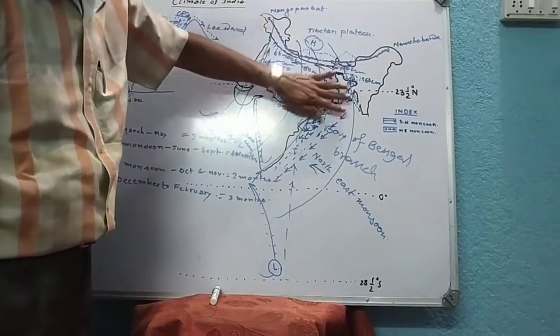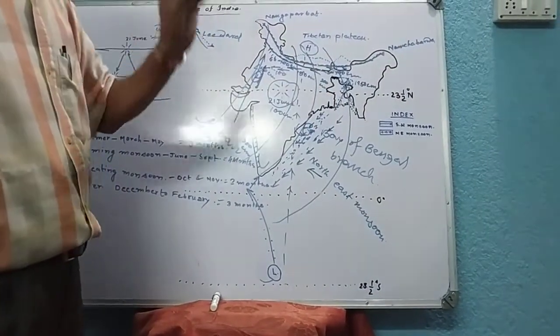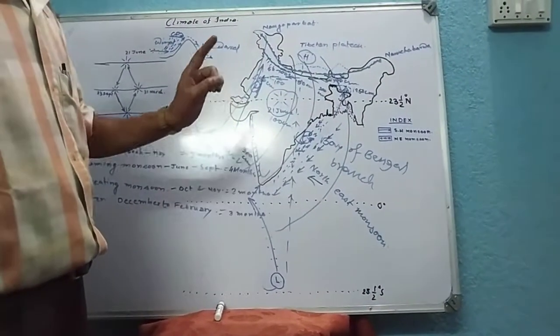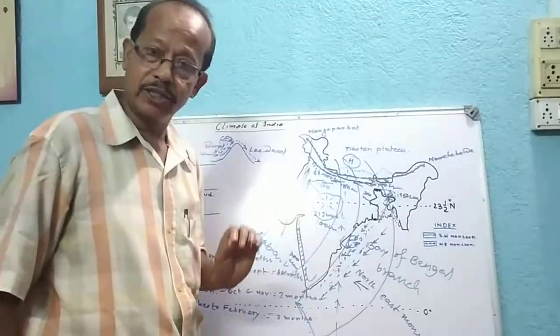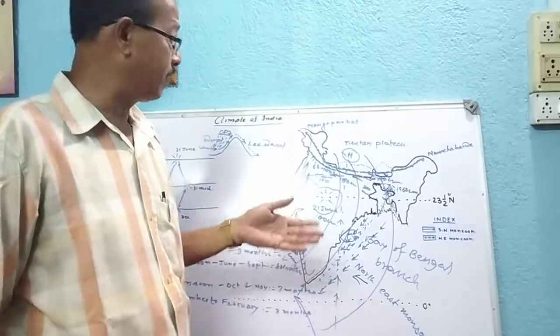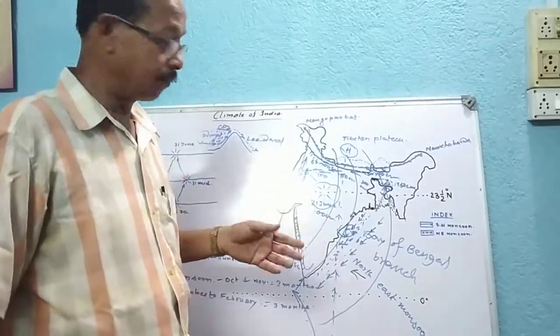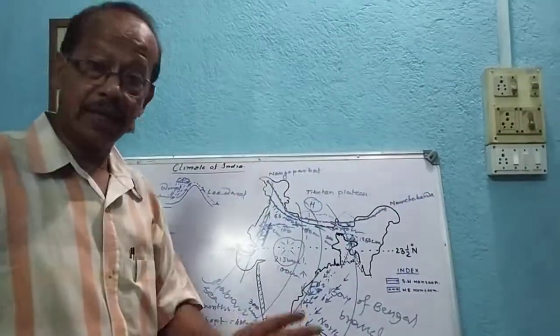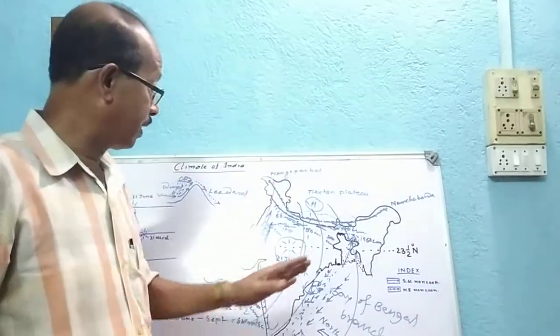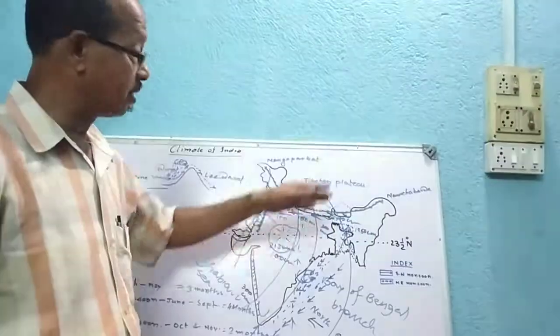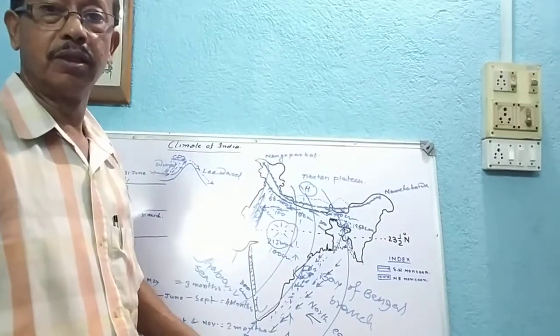blowing over the land surface, there is no scope of retaining moisture for this prevailing wind. So it is dry in nature, as it retains no moisture. It is heavier in nature because it is dry and cold. It is cold in nature because it is blowing from north to south.